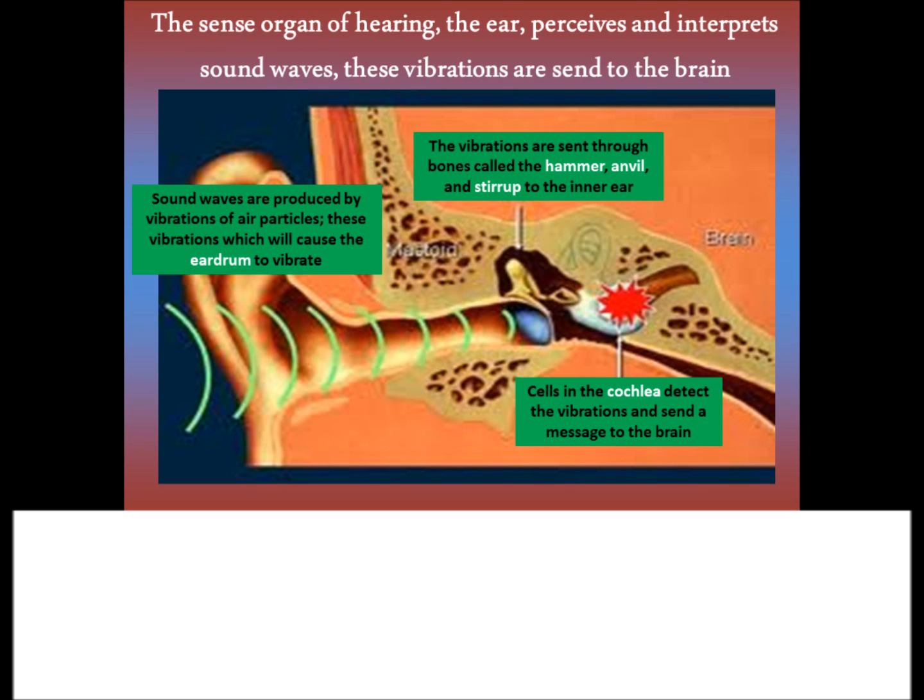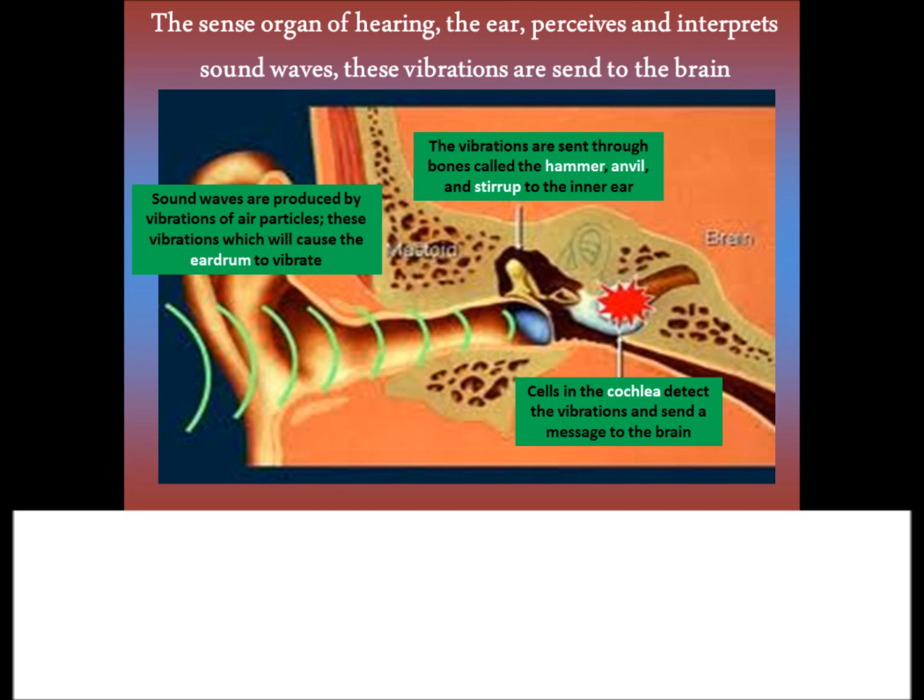These vibrations will then reach the cells in the cochlea, and the cells in the cochlea have very tiny hair cells on them. Once these hair cells and the fluid within the cochlea begin to vibrate, this is going to be converted to electrical impulses, which will be sent to the brain, and then the brain will interpret what we're hearing. So please take a look at the diagram and follow the steps.